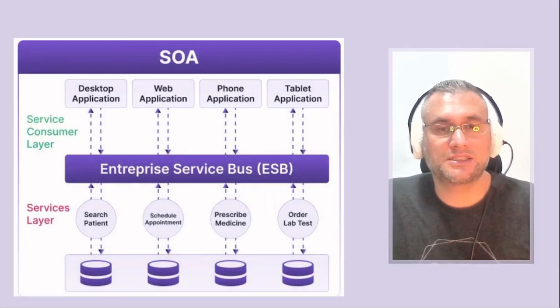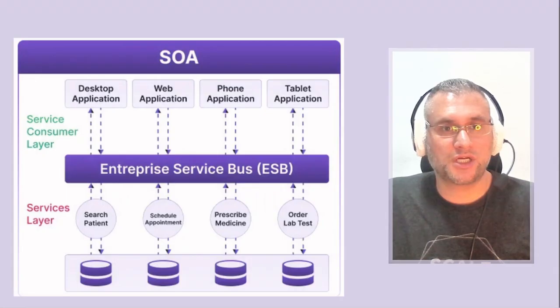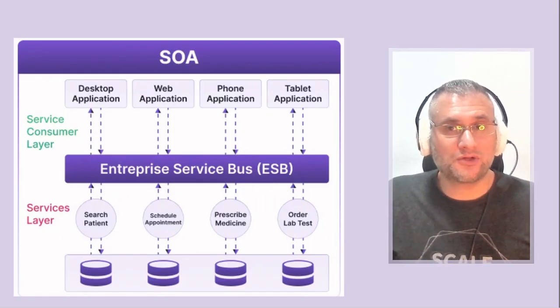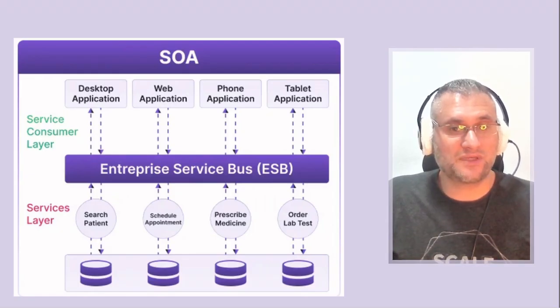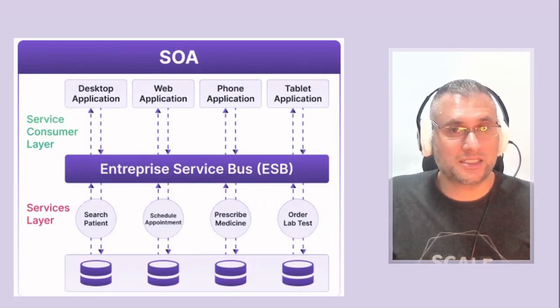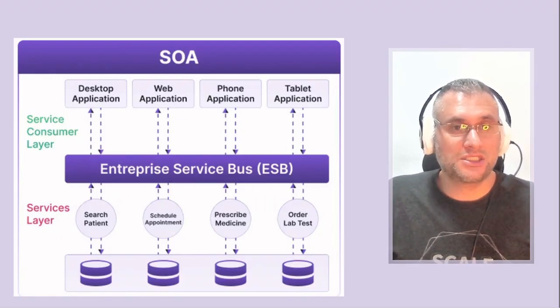Continue with this SOA architecture pattern. This is the service-oriented architecture pattern, and it is used when we have in the middle an enterprise service bus, and this ESB receives all the communication from other systems through messaging.